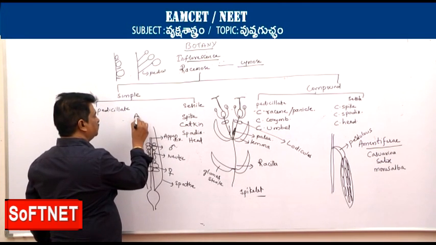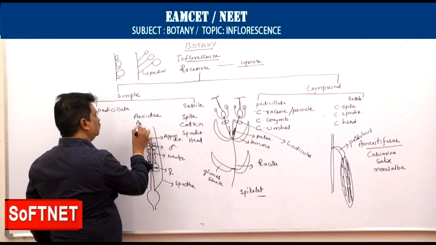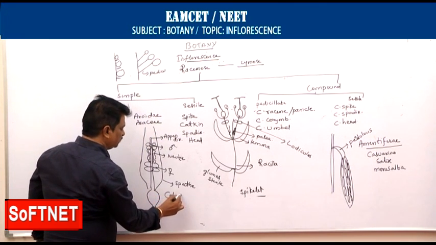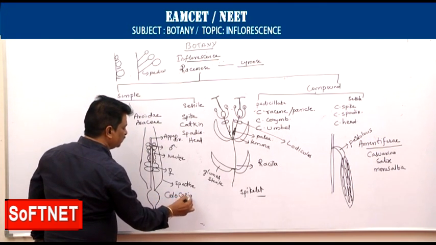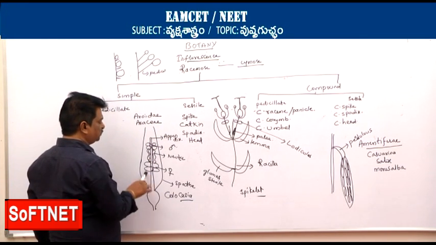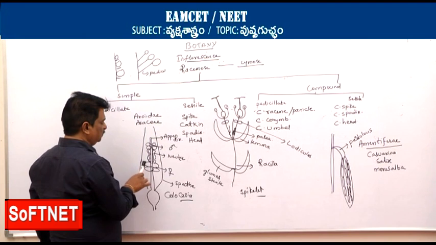Spadix is a characteristic feature of Aroideae, old name, new name is Araceae. Example for this spadix, Colocasia. And in this spadix, there are three types of flowers present, male, female and neuter flowers.